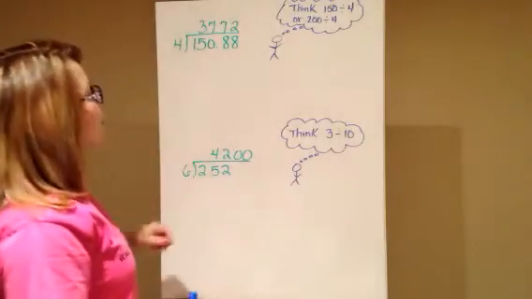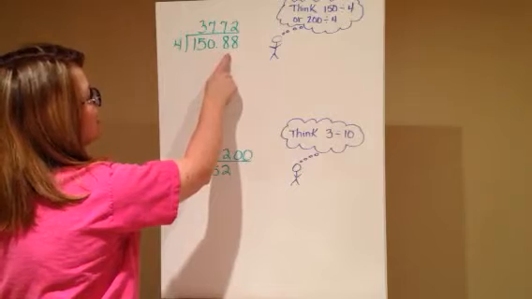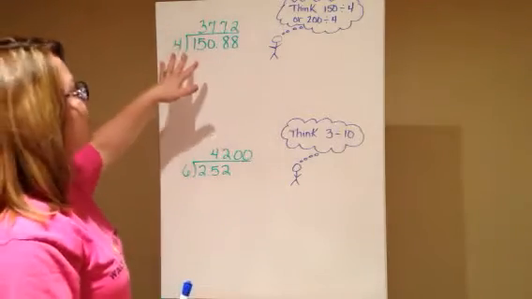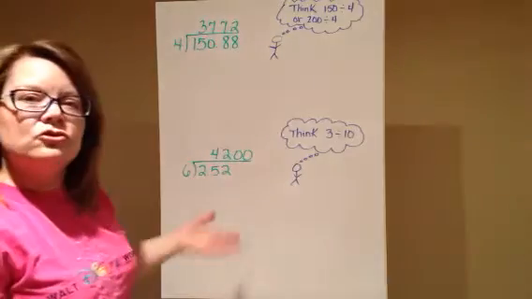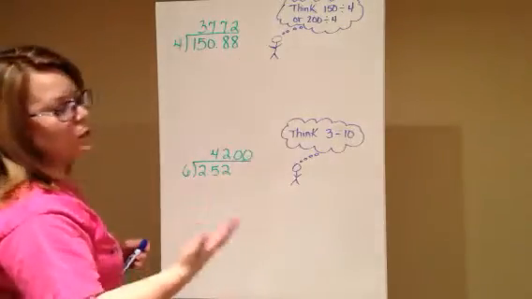If we take a look at our next example, we have 150 and 88 hundredths divided by 4. Now the division has already been done, and I've got 3772, but I'm not sure where that decimal point goes. So I'm going to think a couple of different ways.